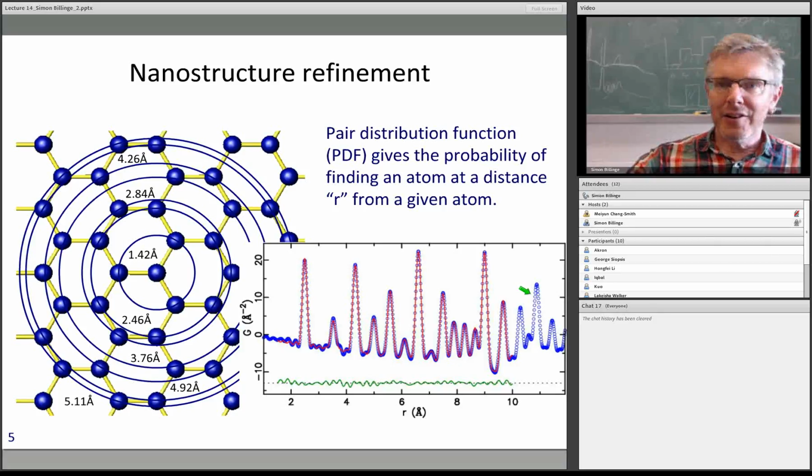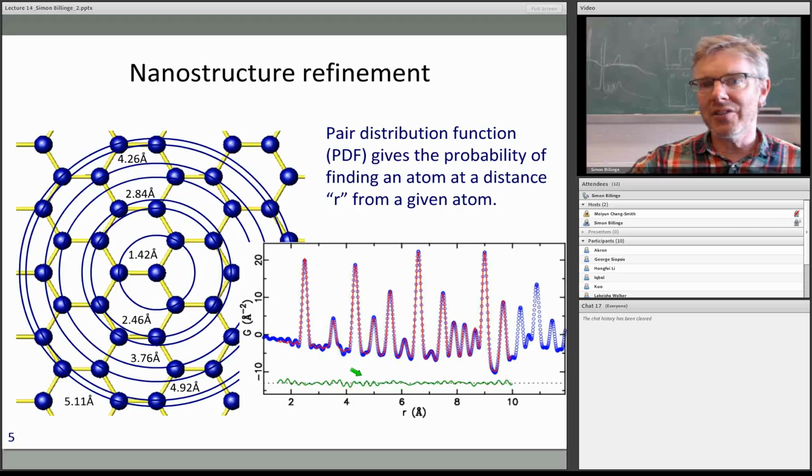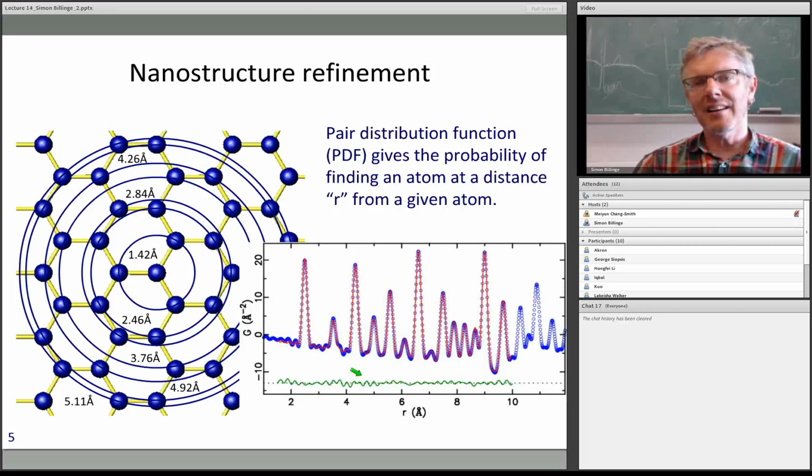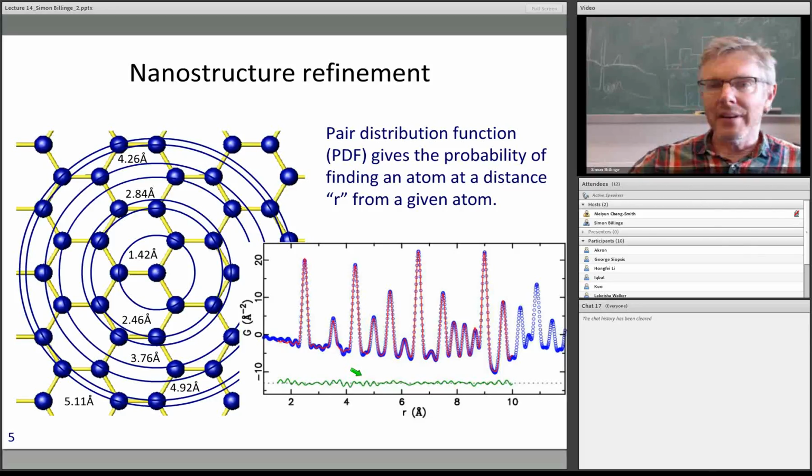And the red curve is the calculated PDF from the FCC structure of nickel. And you can see that we get very good agreement. This is the difference curve below, and apart from some noise ripples, we get very good agreement. So when there's a well-defined structure, we can calculate it, and we can extract quantitative structural parameters by fitting the data. And so this is what we do a lot of.